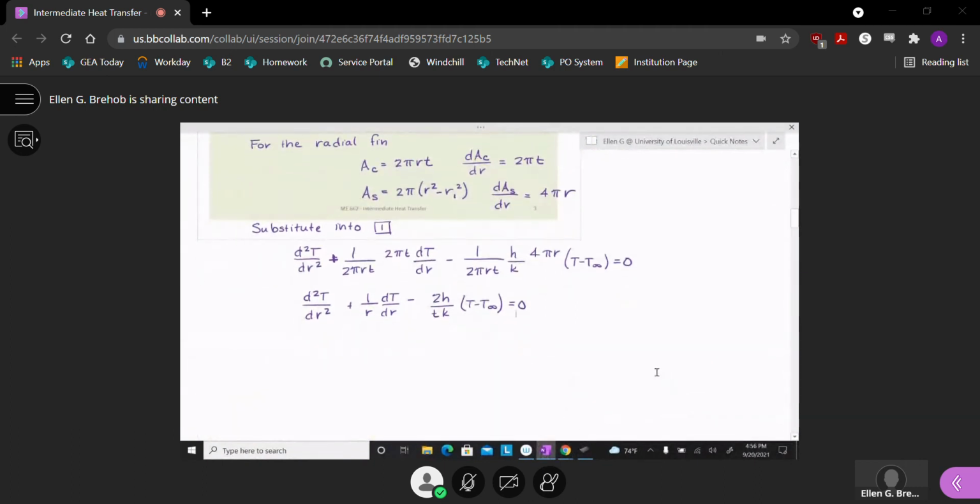Okay, we're going to do two things. And I always do this old way of let theta equal T minus T infinity. And then if I take the derivative with respect to r, I just get dT/dr, and the same thing with the second derivative. And we're going to define m squared.